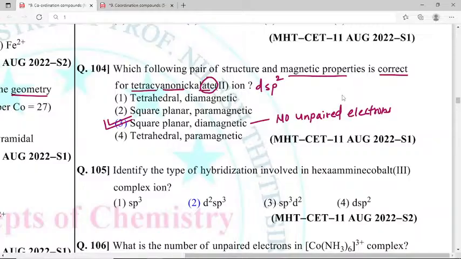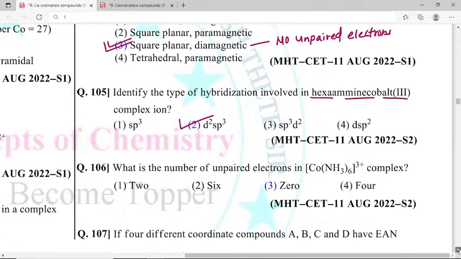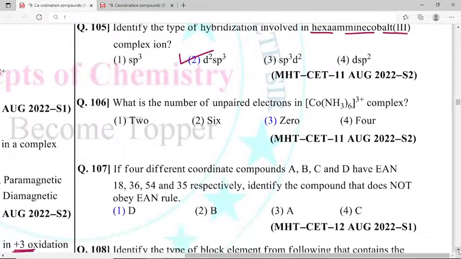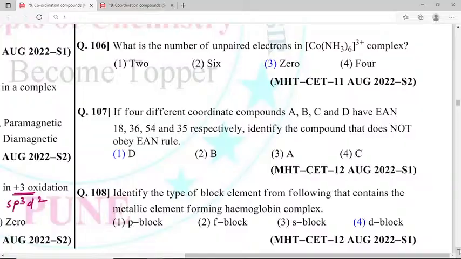Identify the type of hybridization involved in hexaamine cobalt. Hexa stands for 6, amine cobalt, third complex, so it is the d2sp3. It is diamagnetic complex. What type of unpaired electrons present in Co(NH3)6?